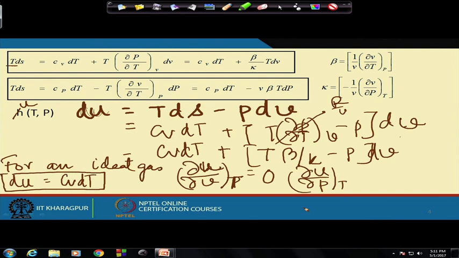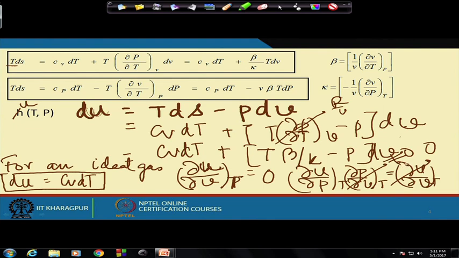In a similar way, suppose I would like to find del U del P at constant T. How to find this term? We know from the cyclic relationships that del U del P at constant T times del P del V at constant T will be equal to del U del V at constant T, isn't it? We have already proved that this is equal to 0. We know that this term is not equal to 0.